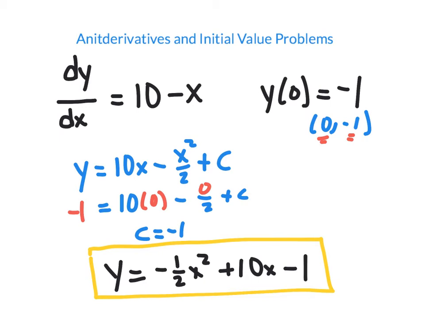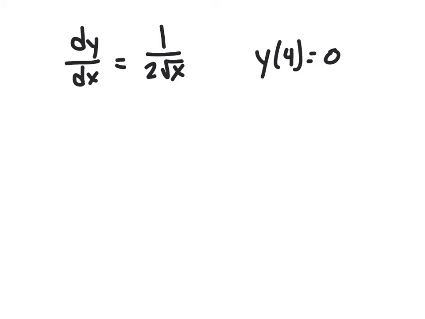Let's take a look at another one. In this second example, you can see we have a derivative which is dy over dx equals 1 over 2 square root of x. That is a famous derivative that you have memorized, so finding the original function should be a piece of cake.